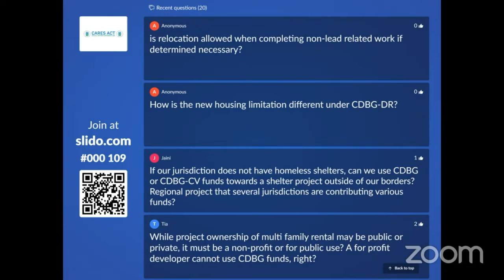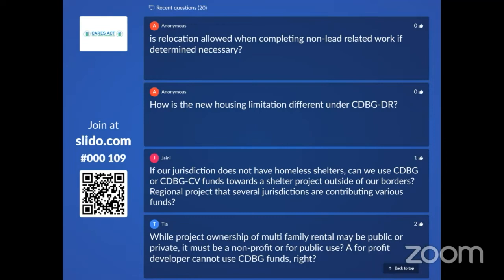Relocation. Anytime you're going to use CDBG funds for work that requires people to relocate, relocation is allowed. Look at 570.606. It talks about that in more detail.